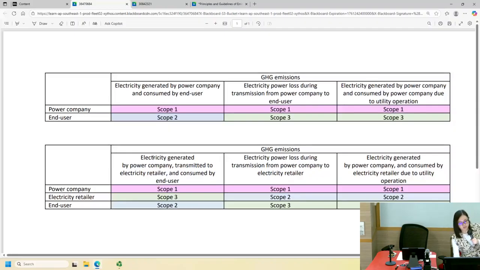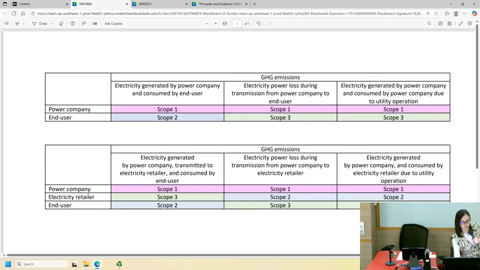So there would be electricity generated by the power company and then transmitted to the electricity retailer and finally consumed by the end user. So if it is the report of the power company, then it would be under scope 1, right? So these are due to the burning of natural gas or maybe the nuclear power in the power plant, so directly release of carbon dioxide.